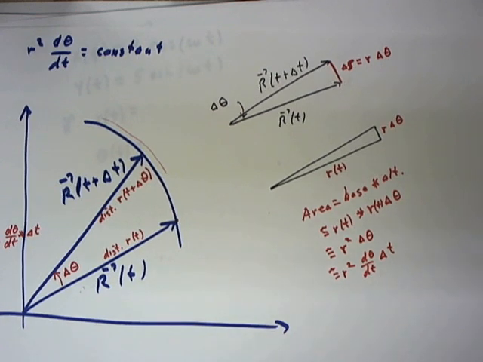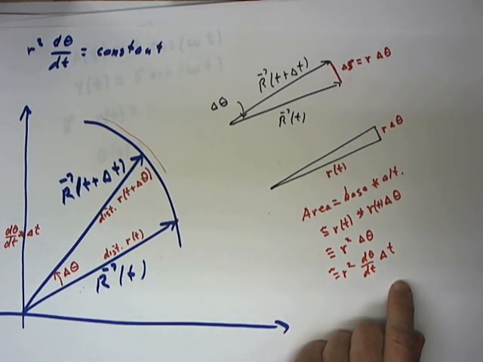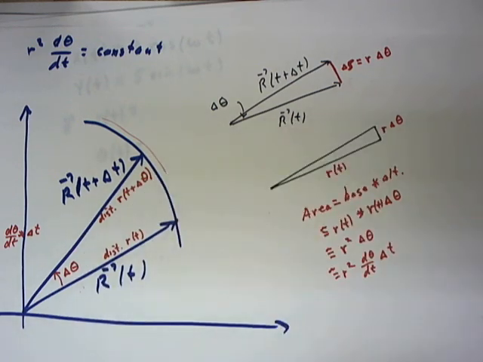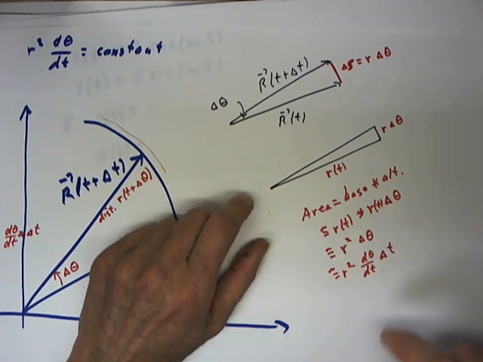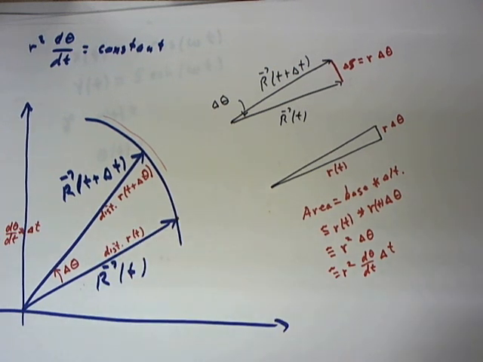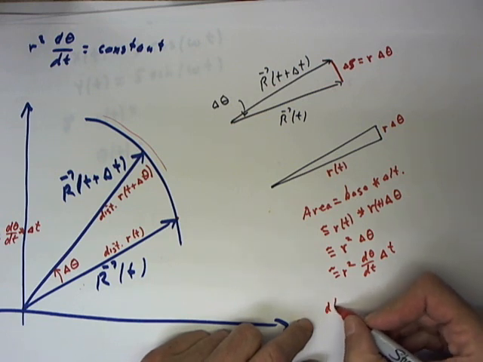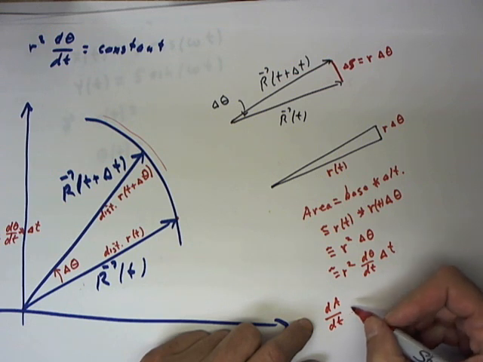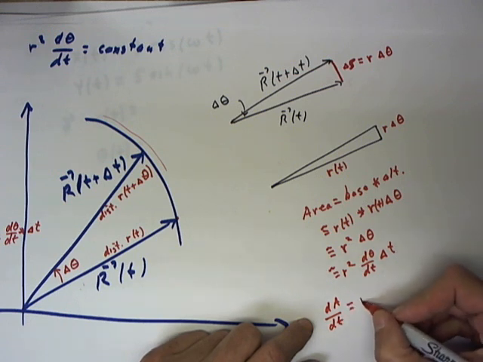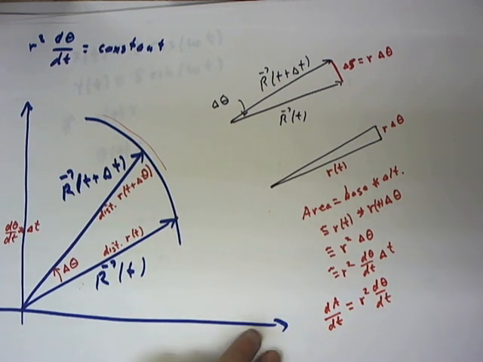We could go through the details of showing how, in the limit as delta t approaches 0, these approximations approach an exact result. What we can say is that the rate of change of area is r squared dθ/dt.